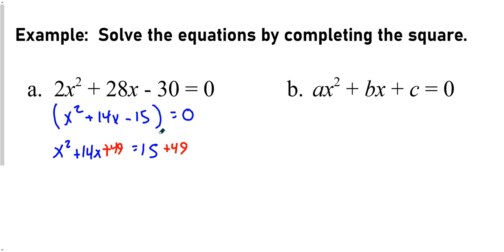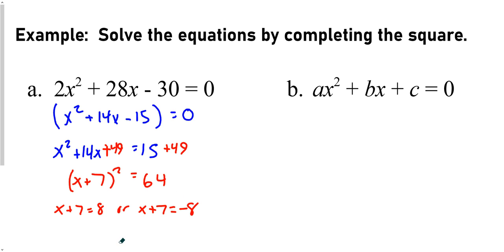Plus 49, and we're going to get (x plus 7) squared, and 49 plus 15 is 64. We square root both sides. We take the square root of 64, so we get x plus 7 equals 8, or x plus 7 equals negative 8. We subtract 7 from both sides: x equals 1, or x equals negative 15. Easy peasy, right? Same process as usual.